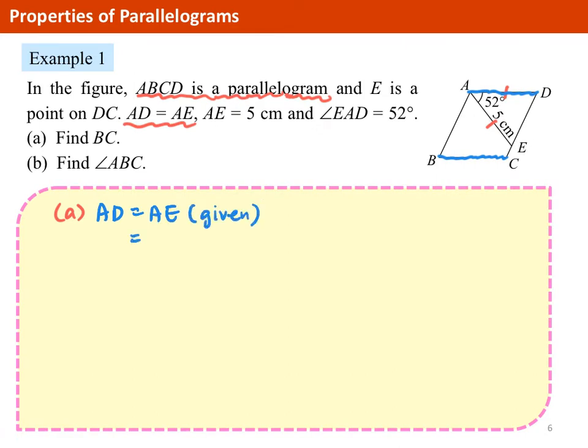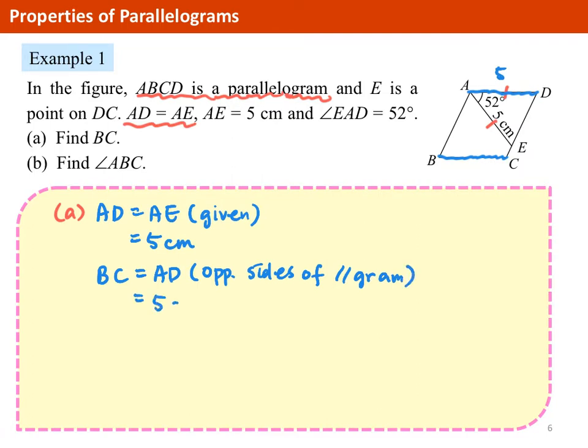So we know that AD is 5 cm. If we know the length of AD is 5 cm, then we can find BC. BC equals AD. The reason: opposite sides of parallelogram. So BC is also 5 cm.